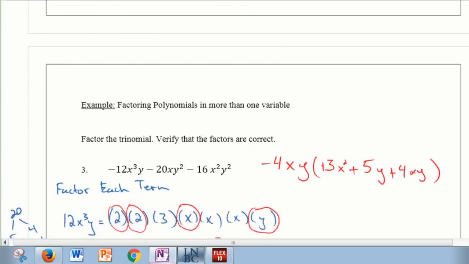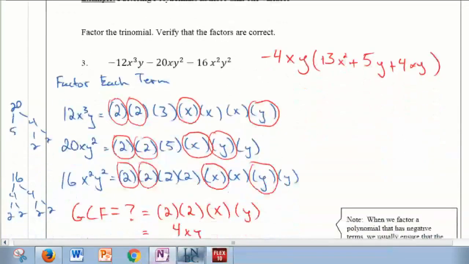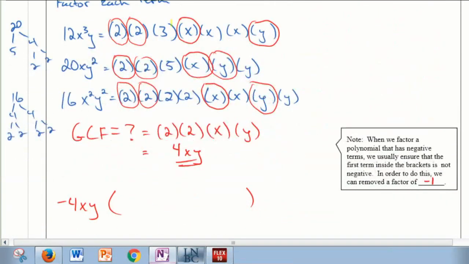So if I look at my first term, I pulled out a greatest common factor. What's left? Well, I have a 3 here, I have an x, and I have another x. So what's left in that first term? 3 times x should give me 3x squared. It started out as a negative, but now that I have my negative outside, it's now become positive because I have to flip all my signs. The next one here, my 20xy squared, I see that I have this 5 and I have a y.